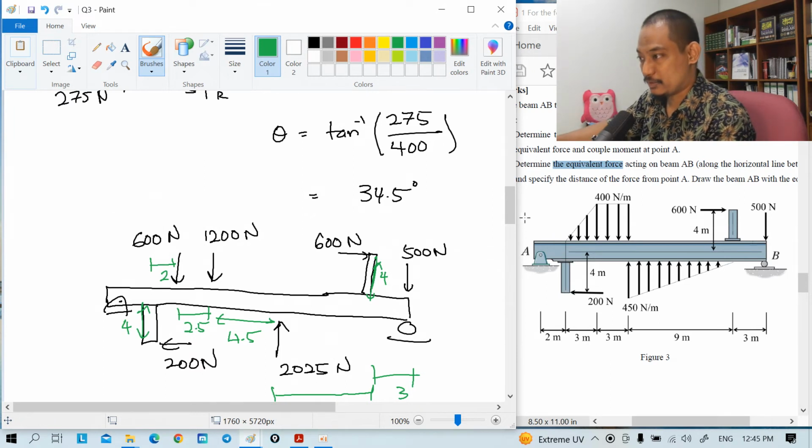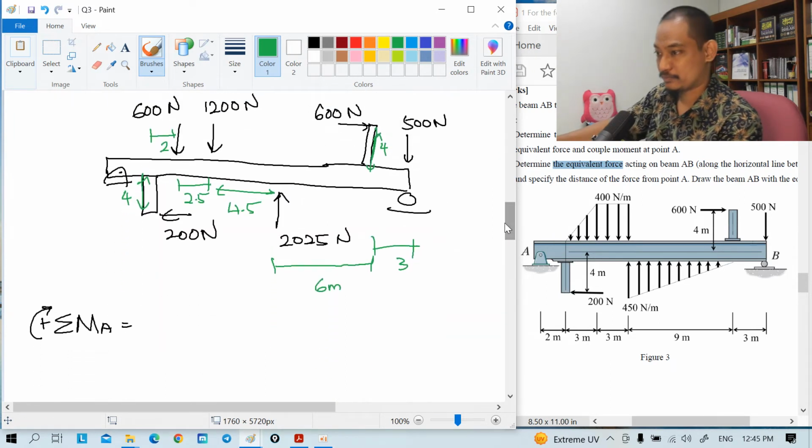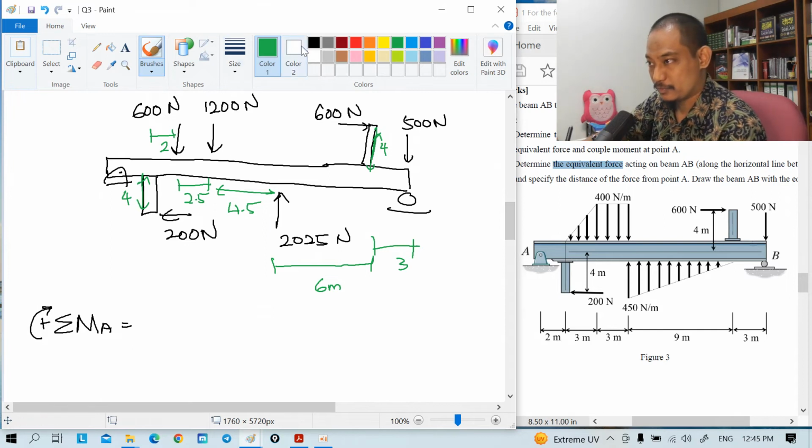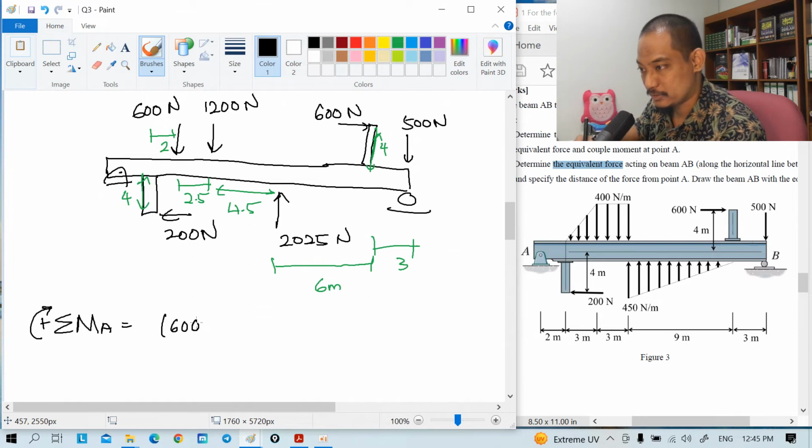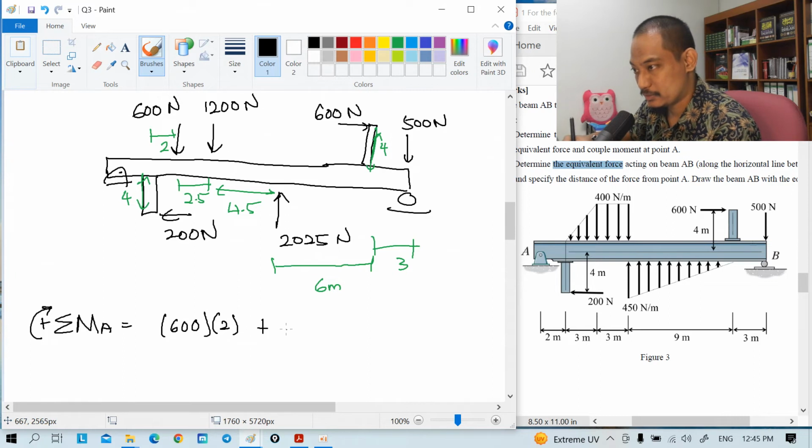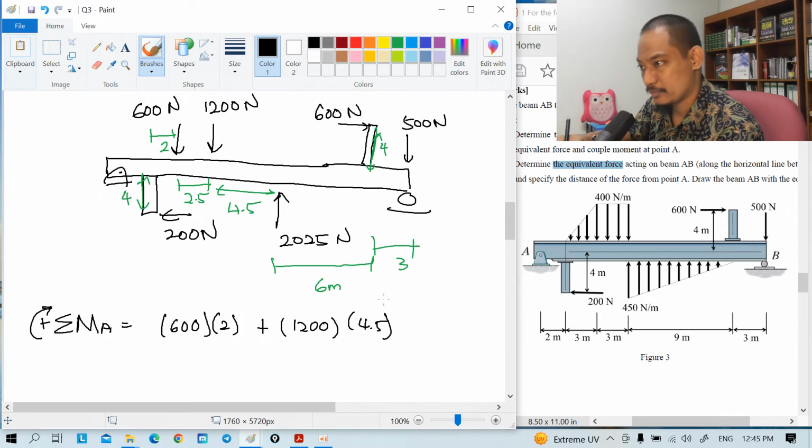Okay, so now we are calculating the moment. If we take clockwise as positive, so for this 600 is 600 times 2, and then plus 1200 times 4.5, right?